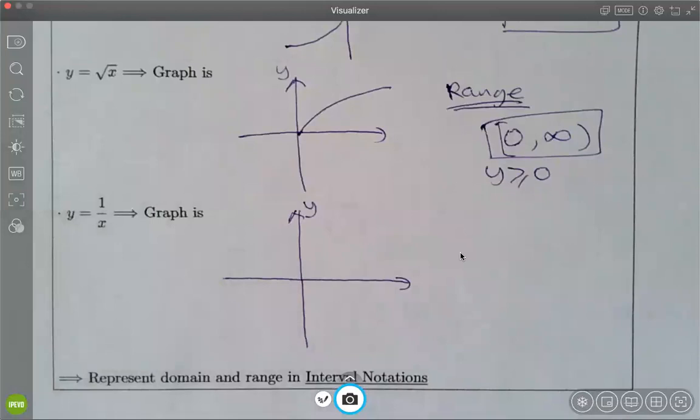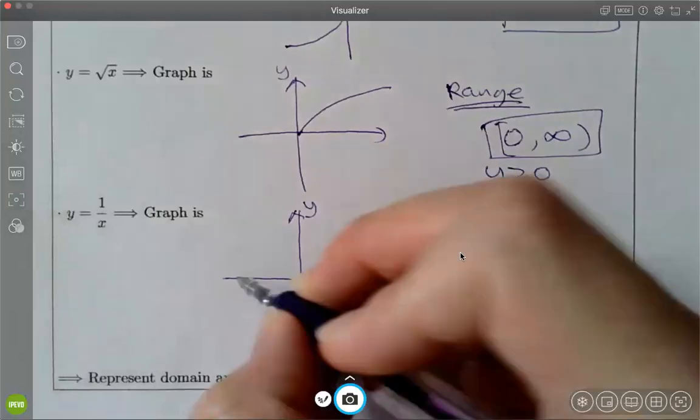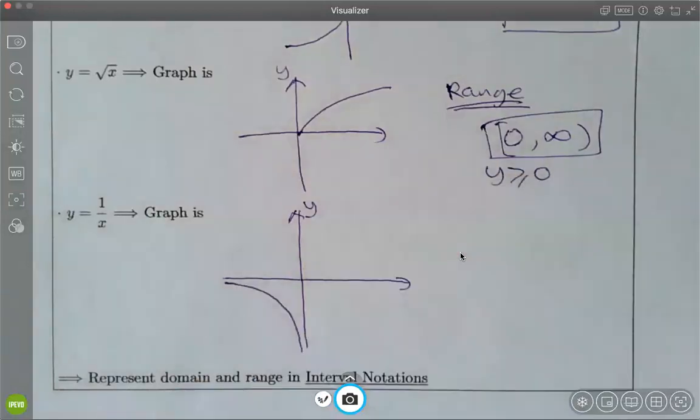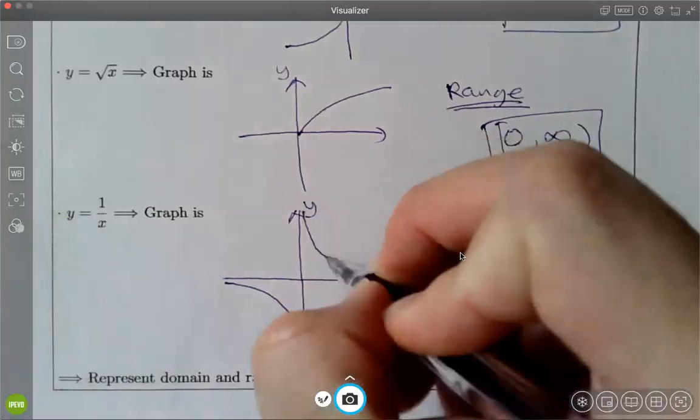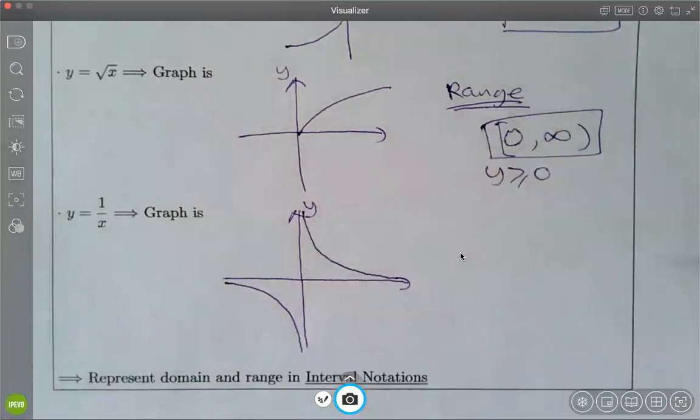And here is my first hint. Here is the first graph. Where is and how does the other graph look like? It's in the opposite quadrant, and it looks the same. Right, it looks like this.